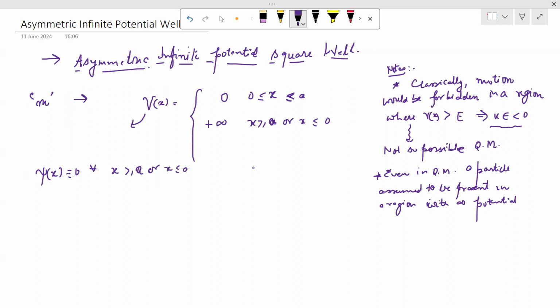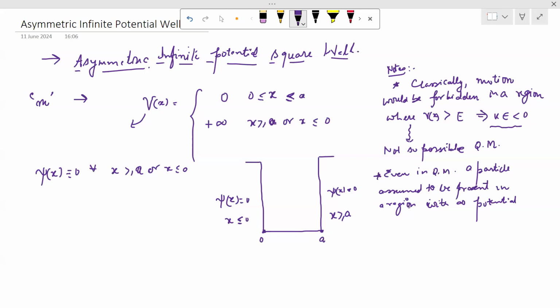Let's say this is your potential well, and we are considering the region x less than or equal to 0 and the region x greater than or equal to a. In both of these regions, it is convenient to assume that psi(x) would be 0, because even in quantum mechanics, a particle cannot be present in a region of infinite potential.